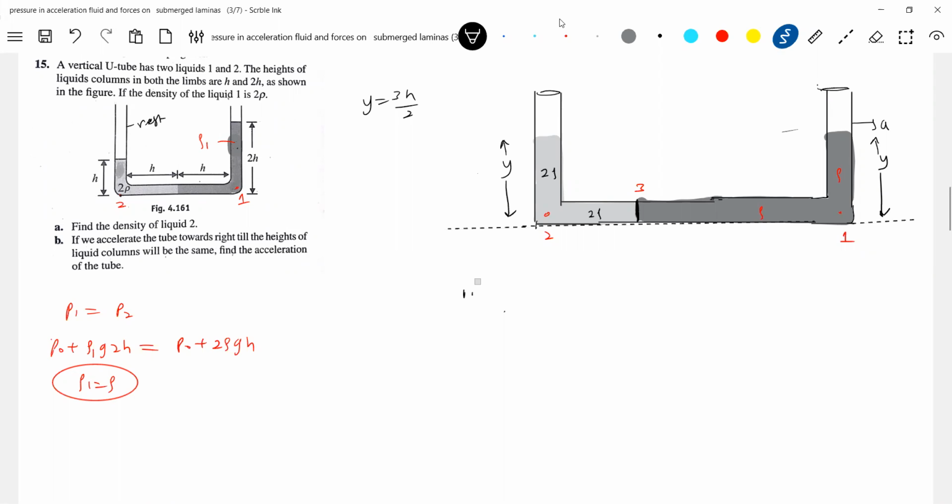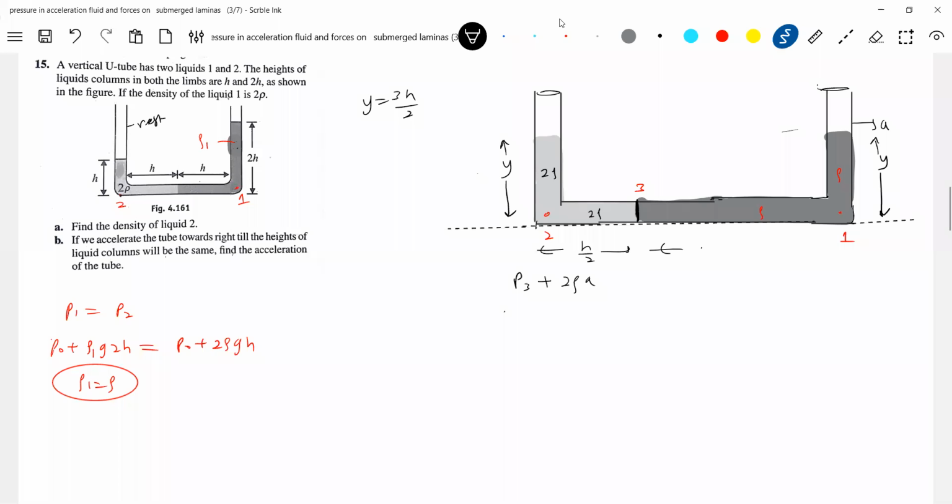Okay, I'll show between 3 and 2 first. From 3 to 2. P3. If you move against the liquid column, against the acceleration of the liquid column, the gauge pressure should be positive. So 2 rho A. What is this length? h by 2.